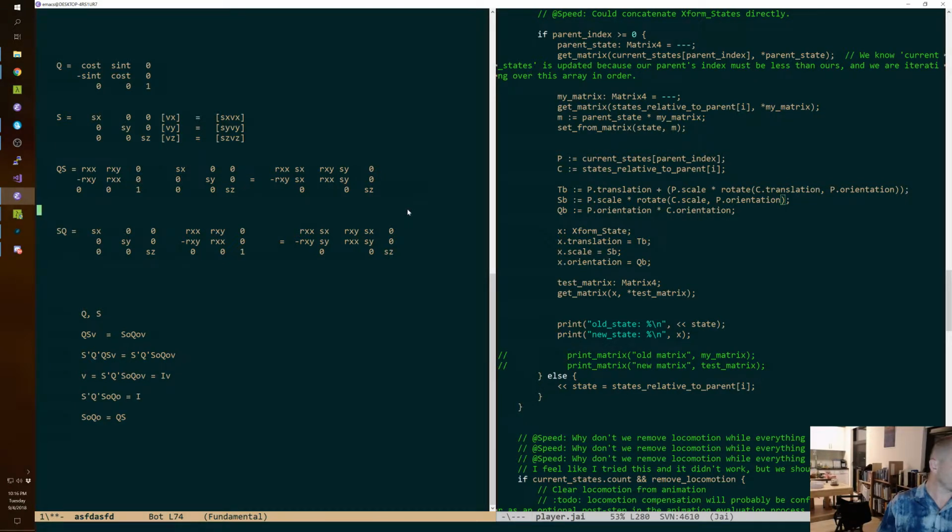So how do you get a scale out of this on the left? I don't really know. You kind of just have to pick one. This is weird. This is more like a decomp operation.